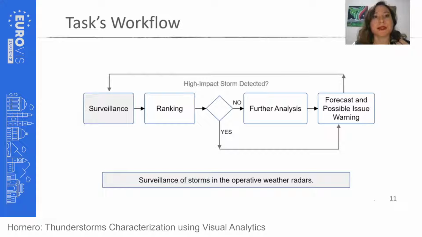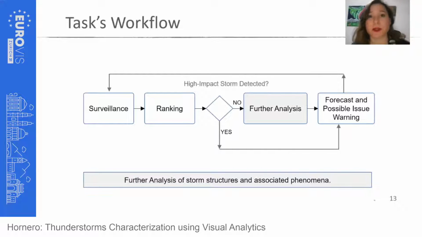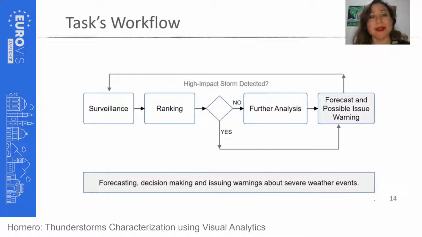The first task is surveillance of storms in operating weather radars. Then, the forecasters do a ranking of high-impact storms. Afterwards, further analysis of the storm structures and associated phenomena. And finally, the forecasting, the decision-making, and issuing warnings of severe weather events.